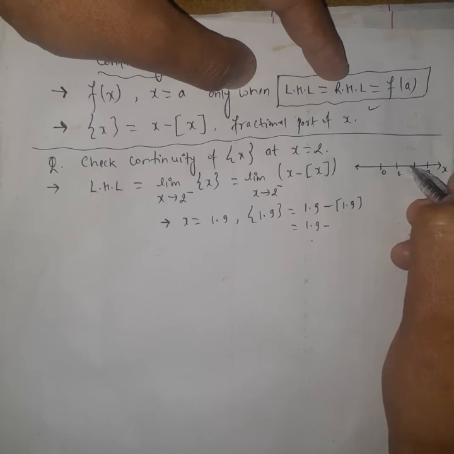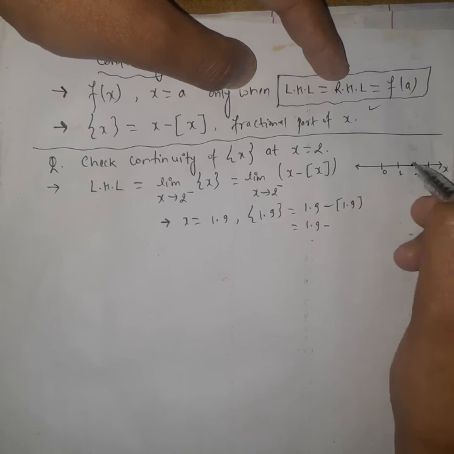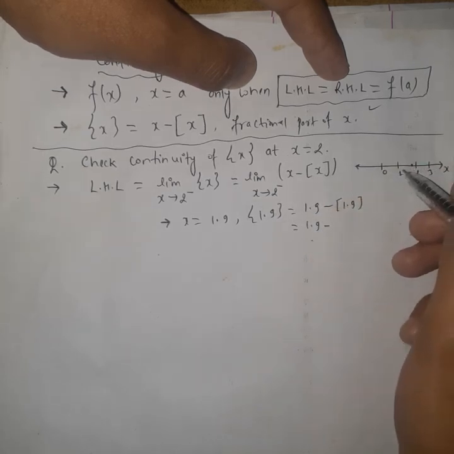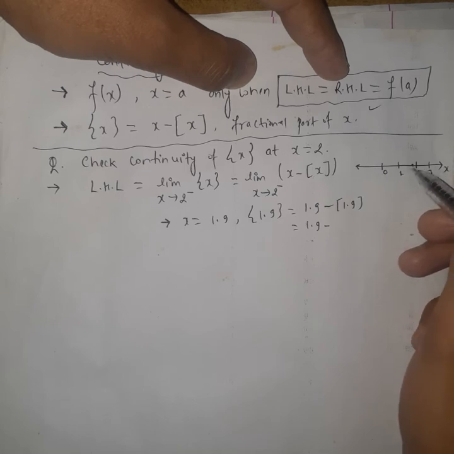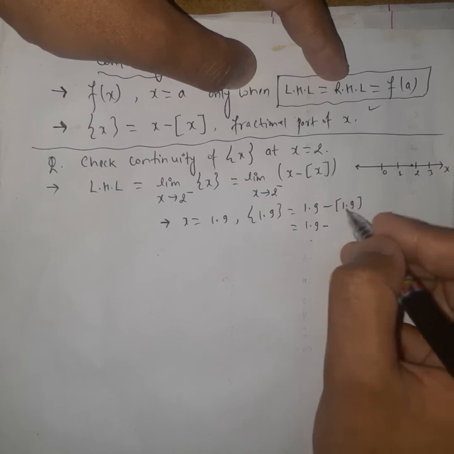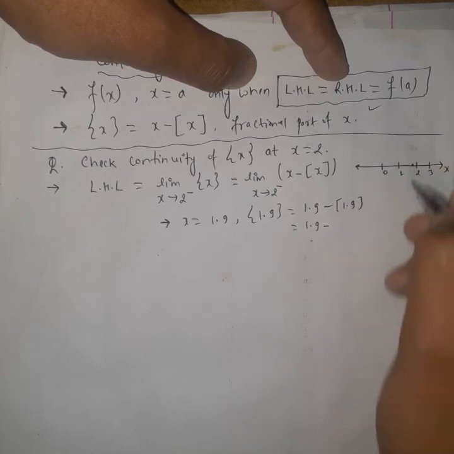If we position 1.9 here, then the greatest integer of 1.9 will be the integer very close to this number from the left side. Here the integer on the left side of this number is 1, so the greatest integer of 1.9 is this 1.